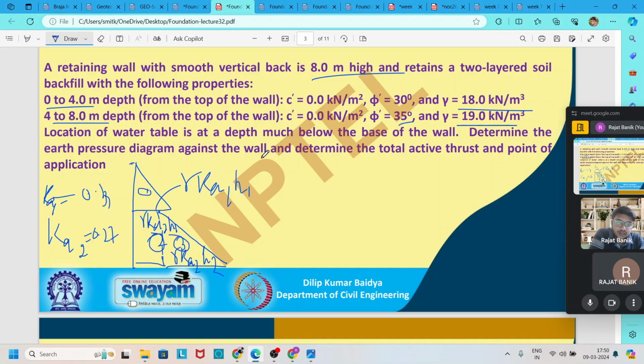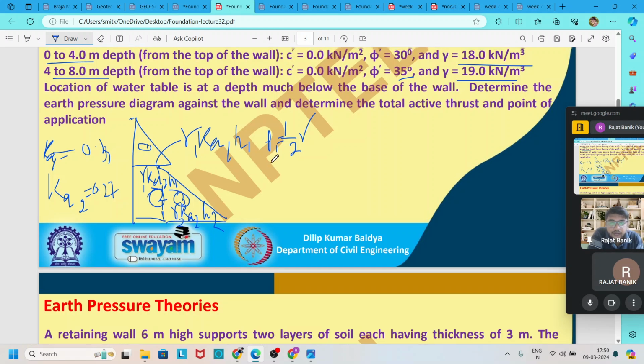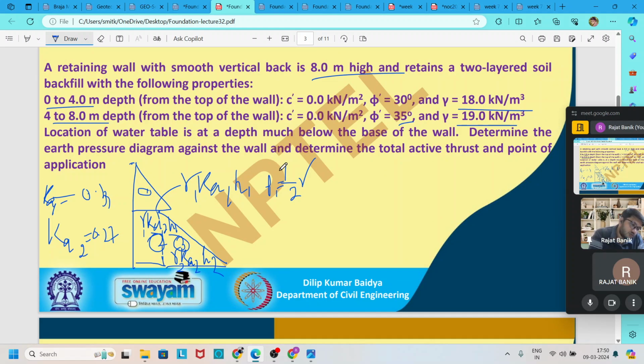The area of the first layer is half P1, that is half gamma 1 Ka1 into H1 square.